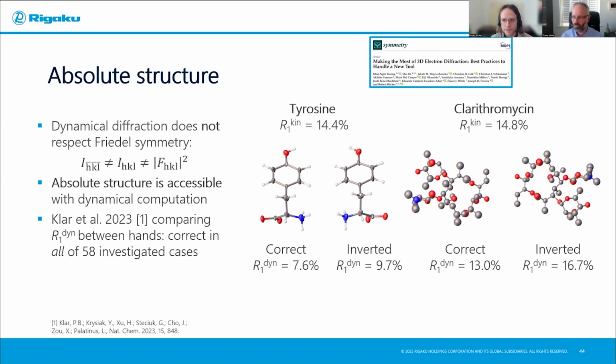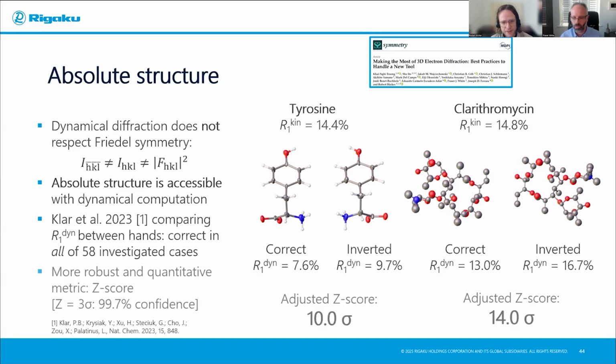There's a more robust and quantitative metric to assess the confidence of this absolute structure determination, which is a Z-score. I don't want to go into detail how to compute this, but this is really a nicely unbiased way of quantifying the confidence of your absolute structure determination.